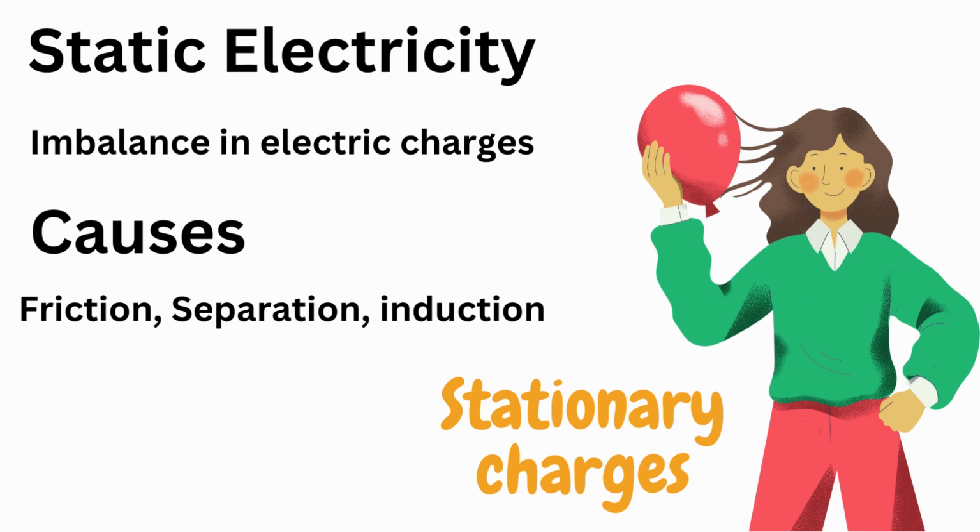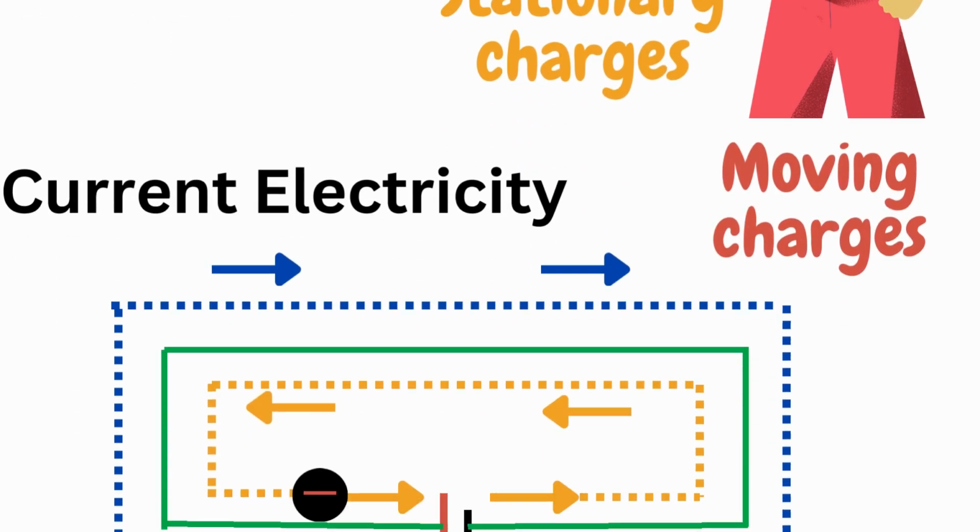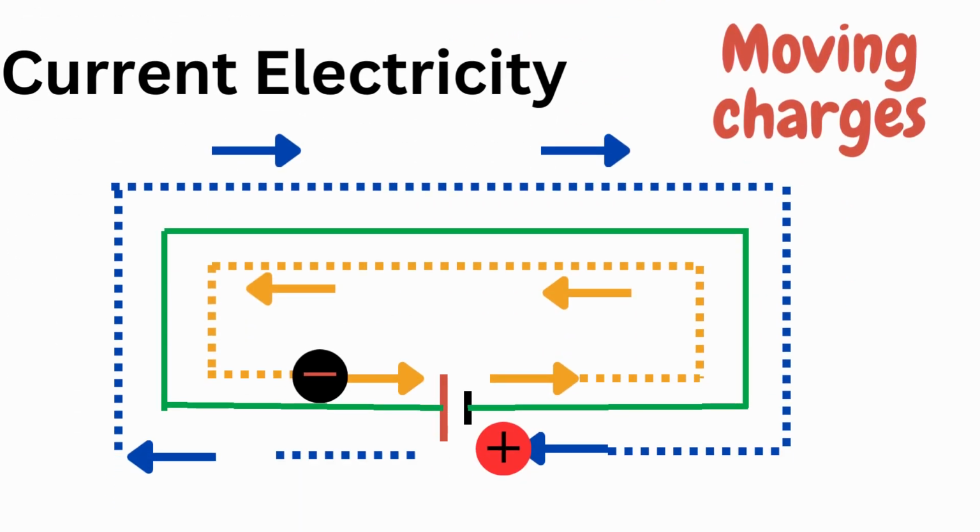If you are a resident of Bangalore, you would have recently experienced this static electricity when you touched railings, cupboards, furniture, etc., and got mild tingling shocks. The other type of electricity is the current electricity, which is formed by the flow of charges constituting a current. So, you already learned the direction of this electric current previously in this video.